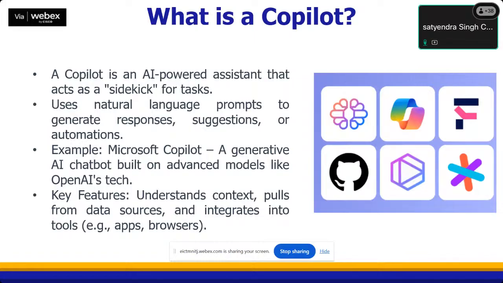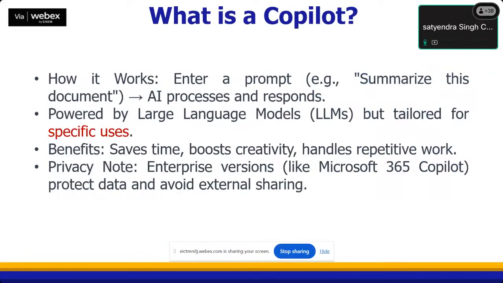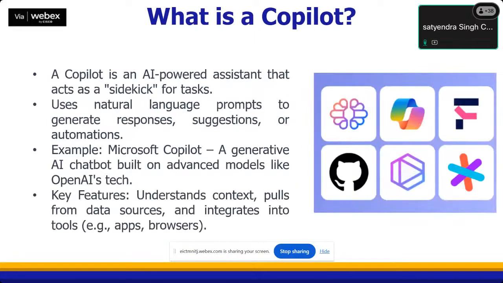It is similar to an LLM. It is a conversational AI agent. So you give the command and the context that you are working on, and it gives you the response accordingly.